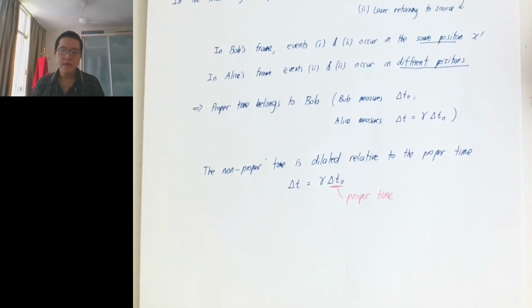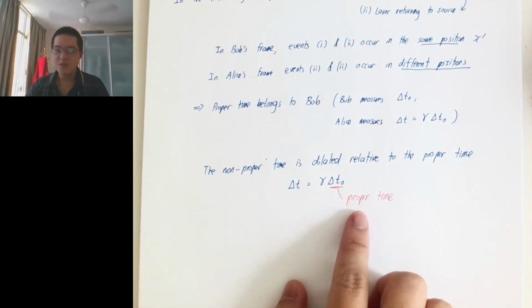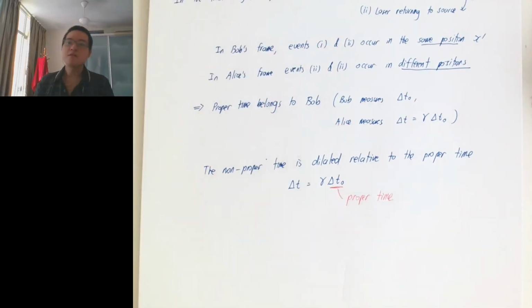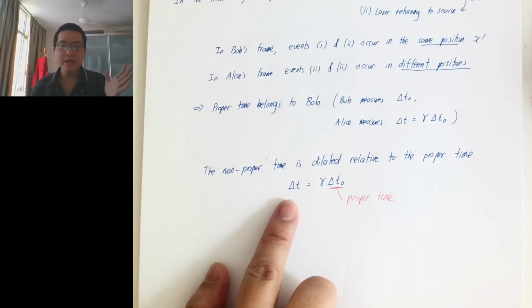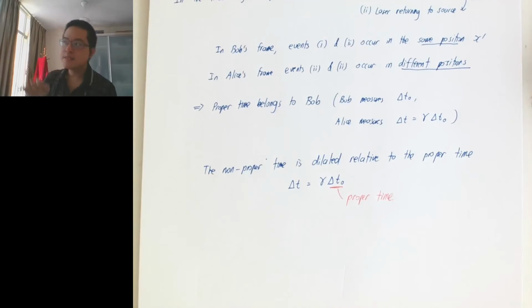That is the tricky concept. We say proper time is the original time, but that's not quite correct; it's the time where the interval happens in the same place. The dilated one is where the events are not happening in the same place. So if we see other people moving, you see the clock in the other frame run slower, because the clock is moving relative to your coordinate system.